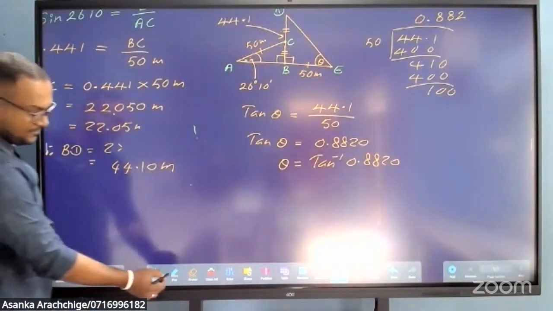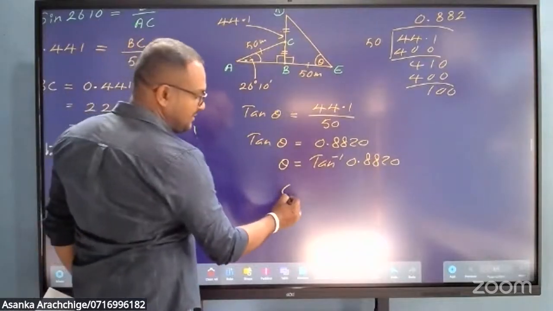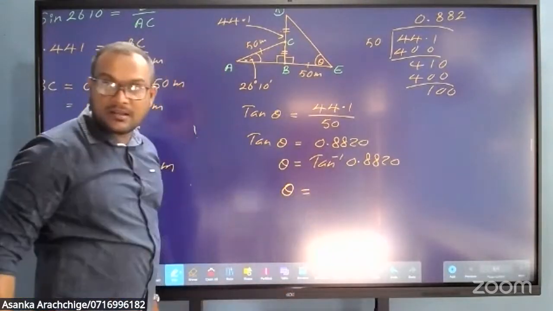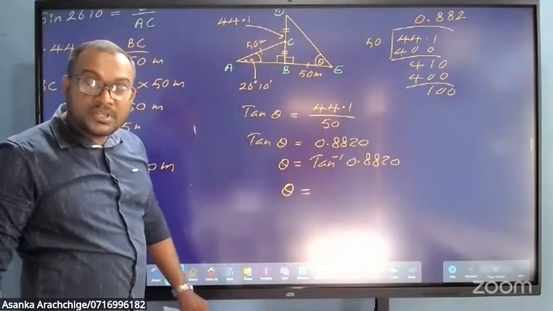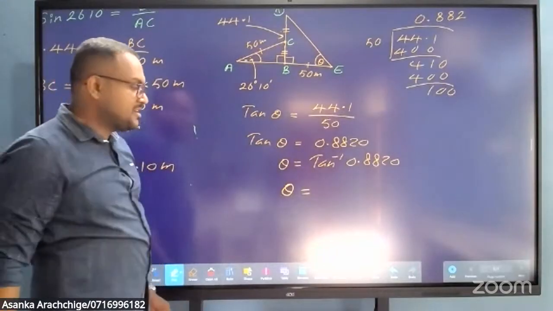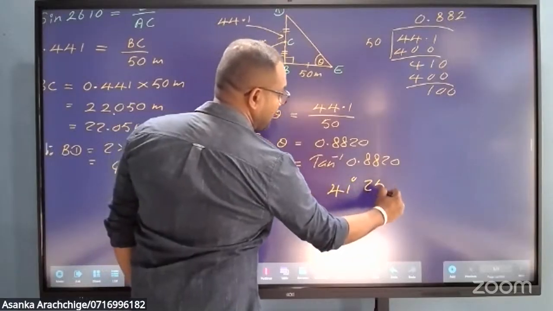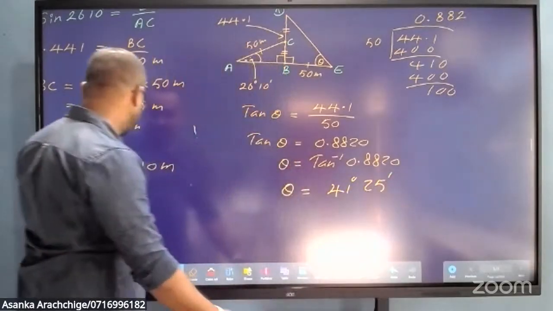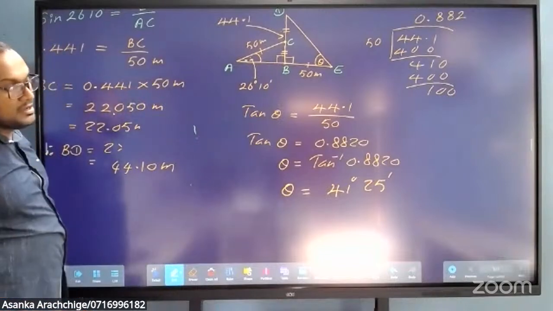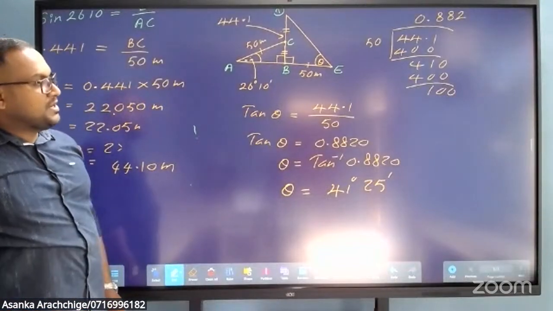Where is that? What is the location of theta? 41 degrees, 25 minutes.